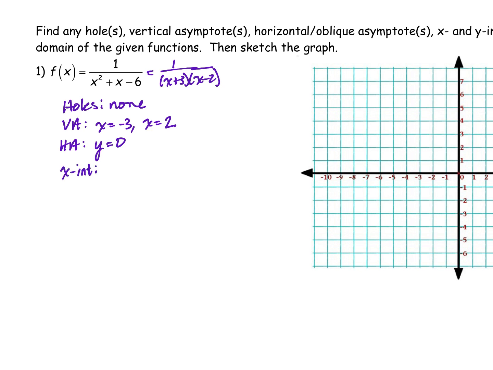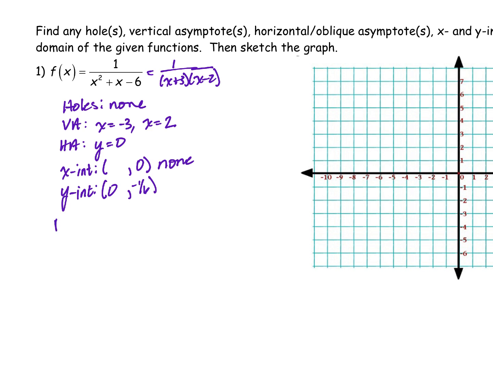Okay. And then the x-intercept is where I set y equal to 0. So it's where the numerator is equal to 0. So there are no x-intercepts. Y-intercept is where x is 0, so that's negative 1/6.